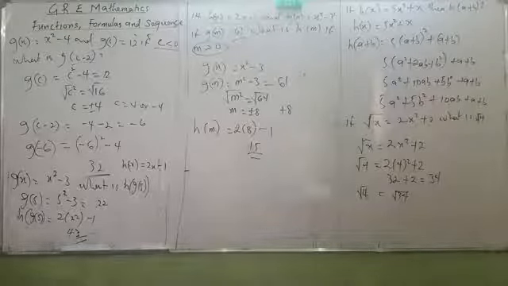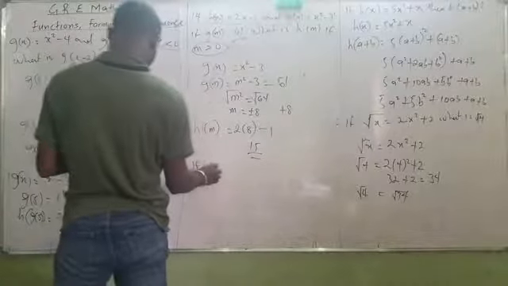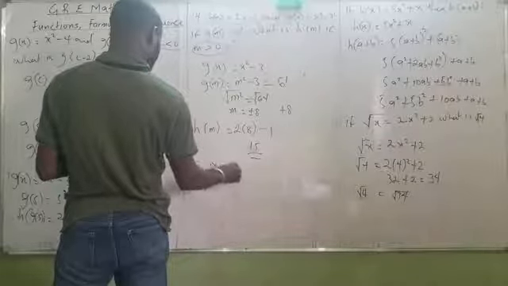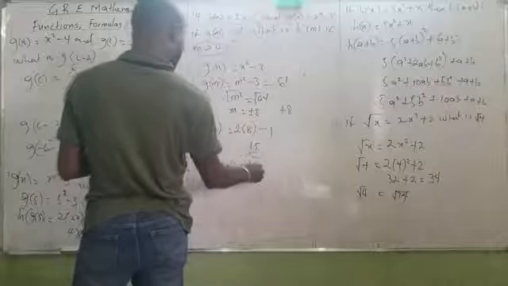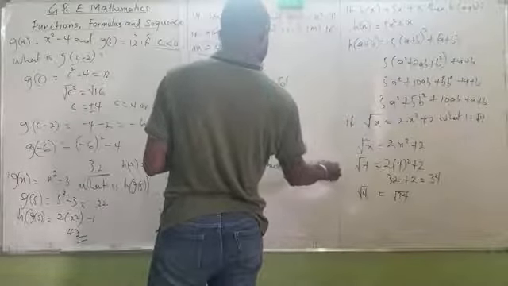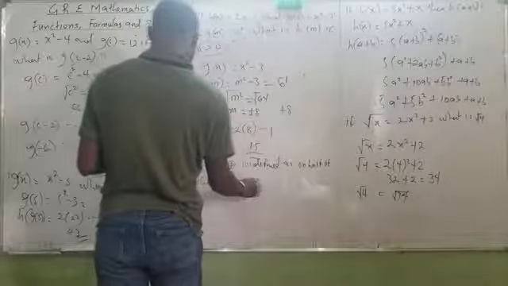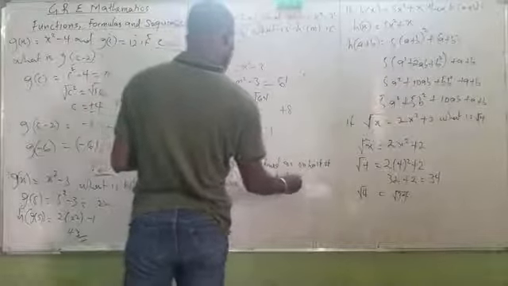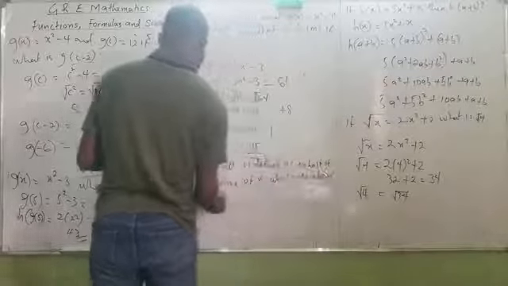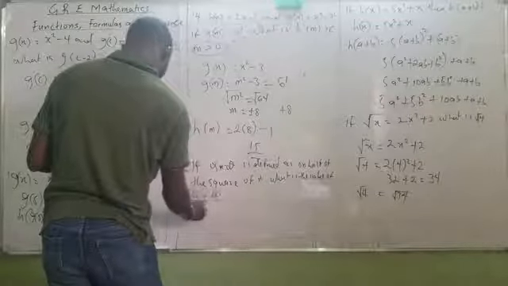Okay, now I have this question. The question says that if something is defined as 1.5 of the square of x, what is the value of something divided by what?